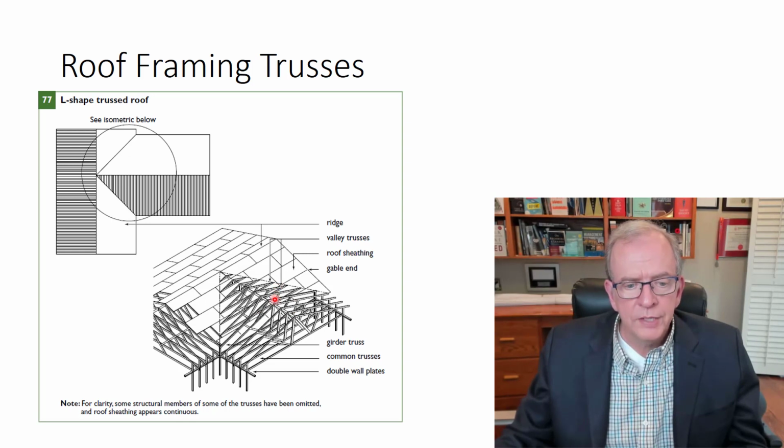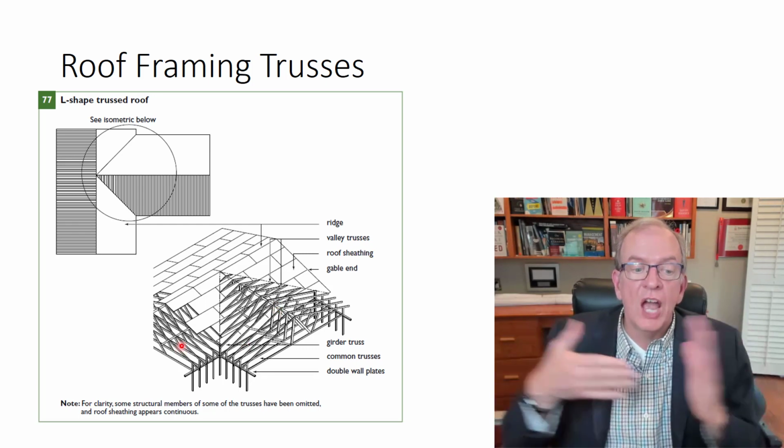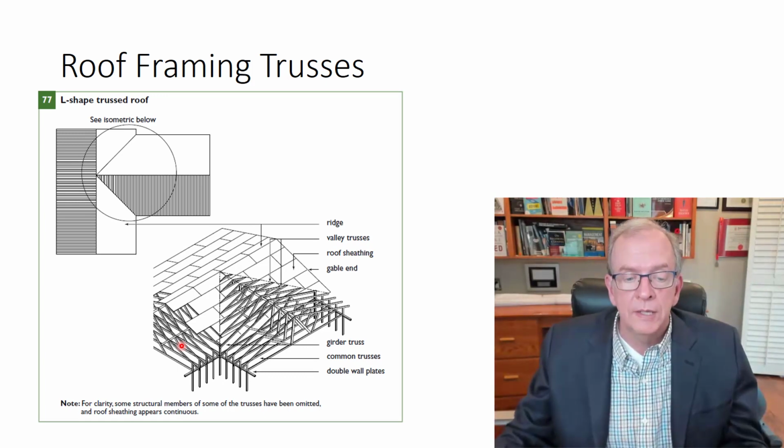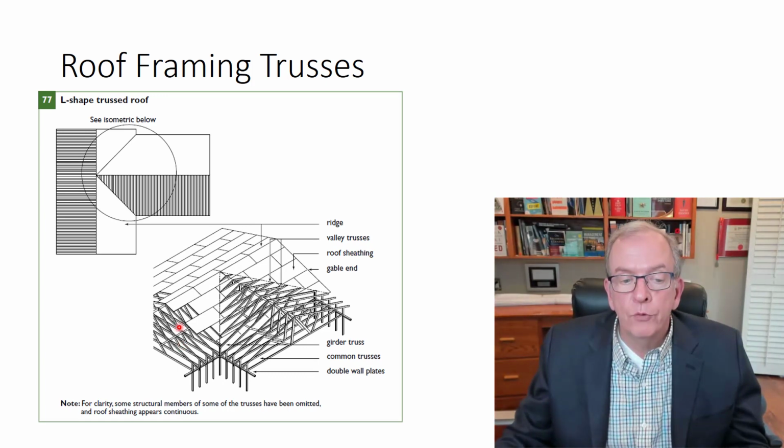So the roof trusses, you have your common trusses, which is just your regular roof trusses. Here you have girder trusses. Now girder trusses typically support other trusses. So a girder truss usually has jack trusses running into it in some way, shape, or form, or other trusses that are being supported on it.